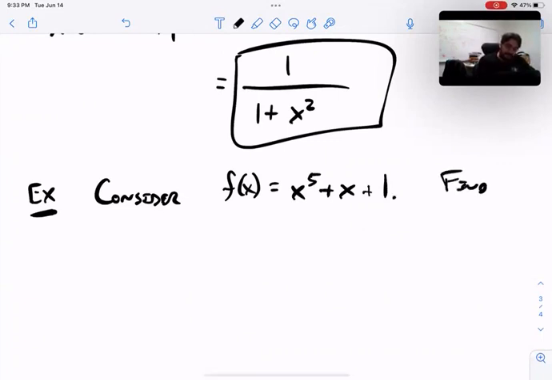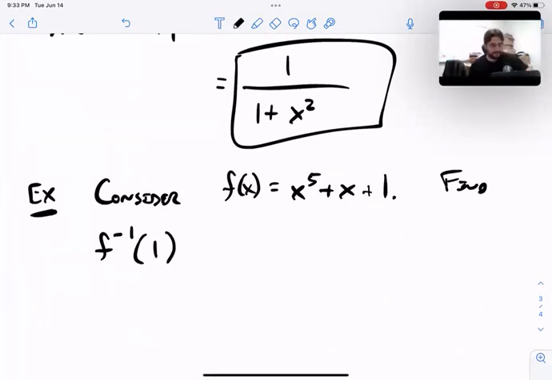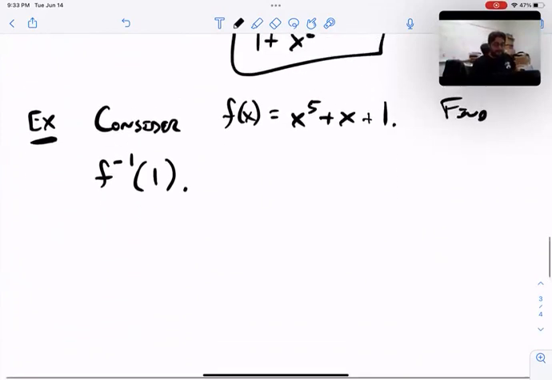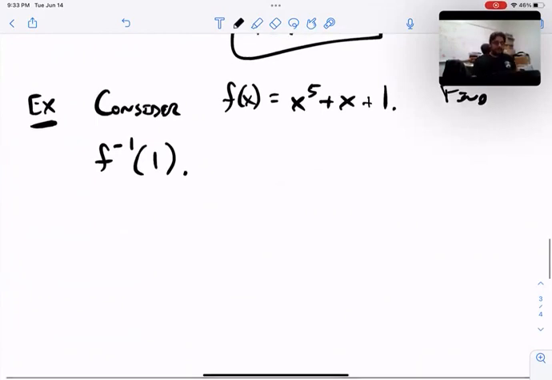And suppose I said, find the slope of the inverse of this function at the point 1, right? That's my goal here. So first of all, I want to notice that the inverse to this function f of x does exist, even though I have no idea how you would find a formula for it, right?